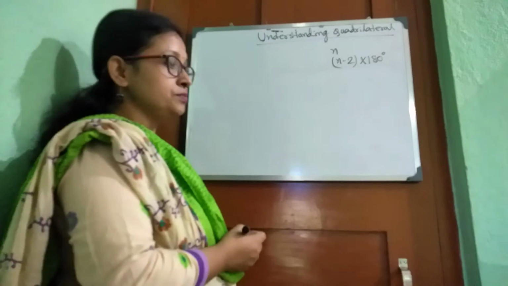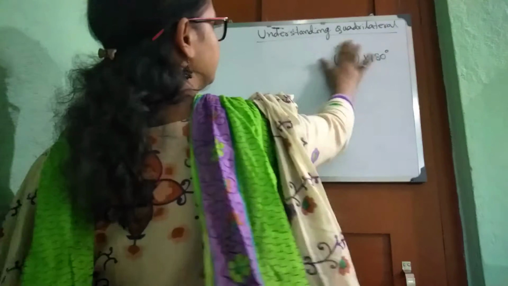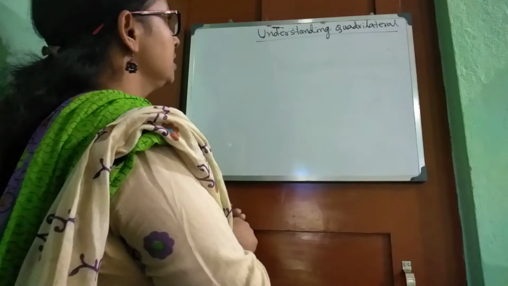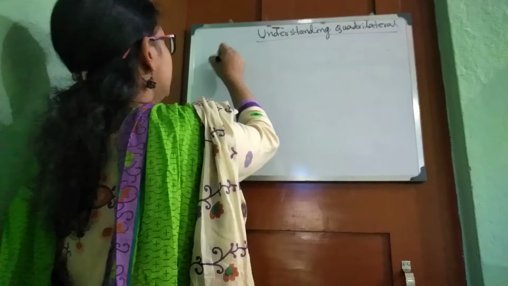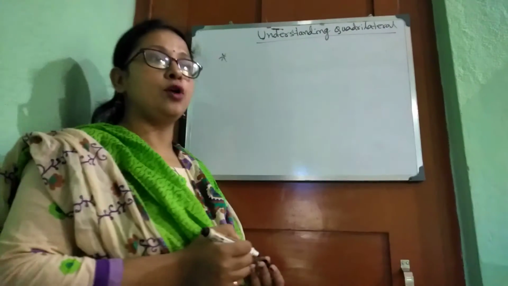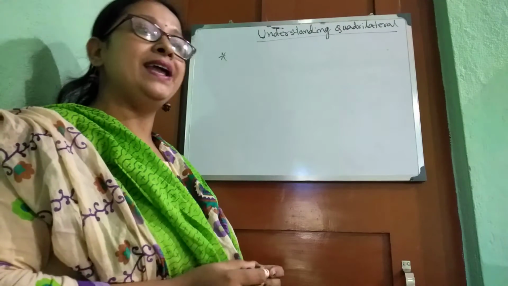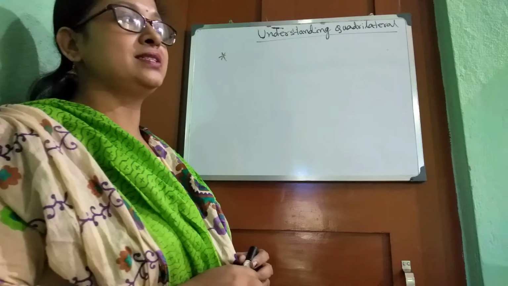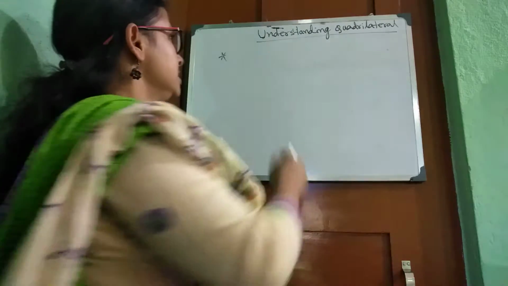Now see one more formula: the sum of all exterior angles of any kind of polygon. For any kind of polygon, the sum of exterior angles is always 360 degrees.